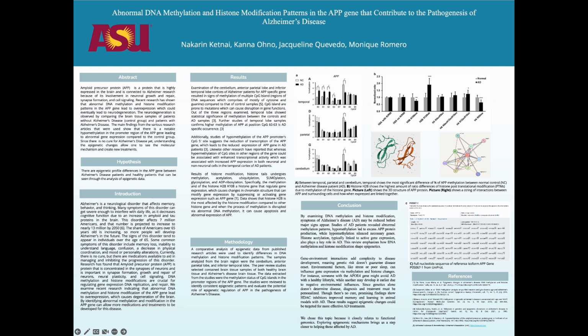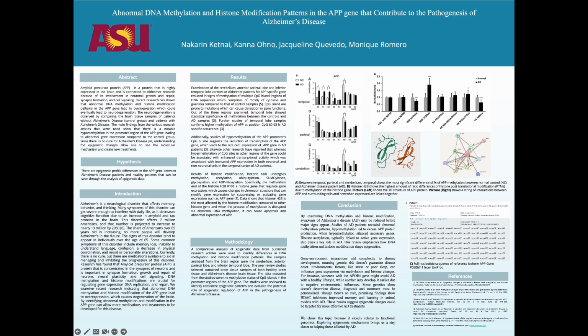Gene-environment interactions add complexity to disease development, meaning genetic risk doesn't guarantee disease onset. Environmental factors such as stress or poor sleep can influence gene expression via methylation and histone changes. For example, someone with a risk gene might avoid AD with a healthy lifestyle, while another may develop it early due to negative environmental influences.